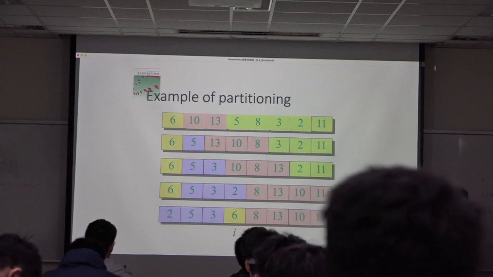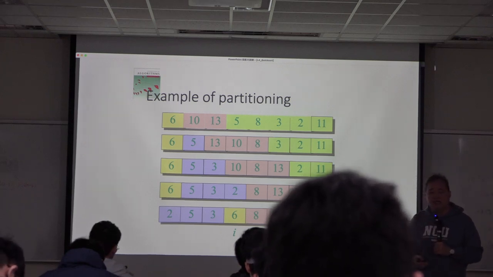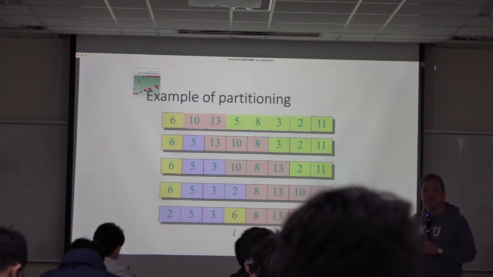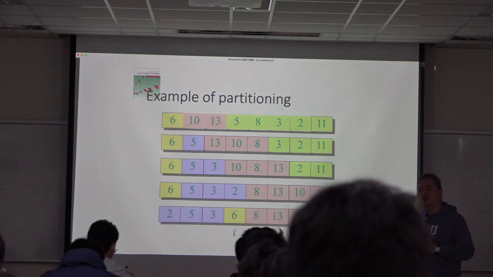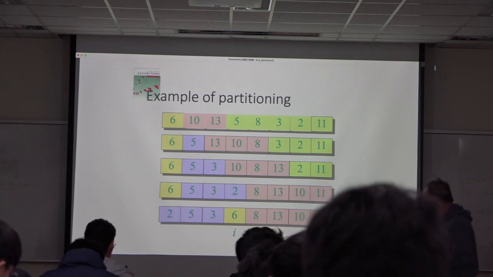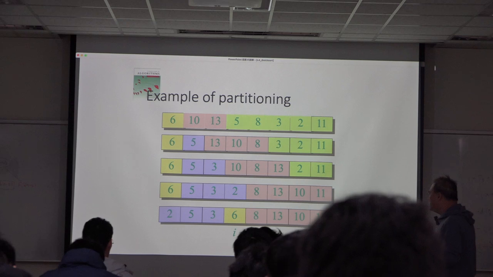So that is how quicksort gets the job done when it does the partition, or the divide. You can see that at the end, 6 is at the right place, and then we need to continue working on the left side and the right side recursively.